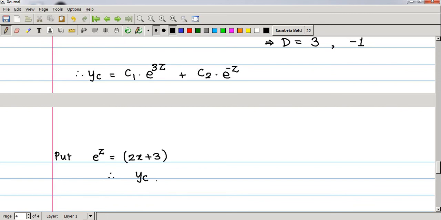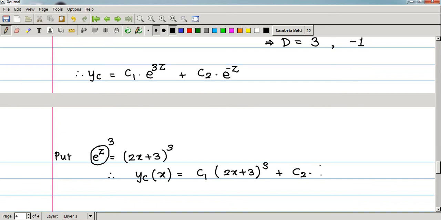Therefore, your complementary function in terms of x is c1 into the value for e^(3z), which will be (2x+3) cubed, plus c2 times e^(−z).